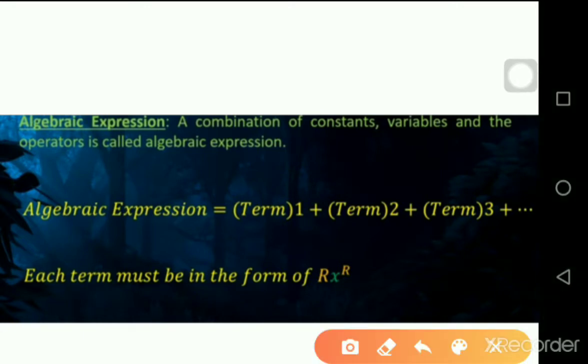Whereas in an algebraic expression, in each term the exponent is a real number.